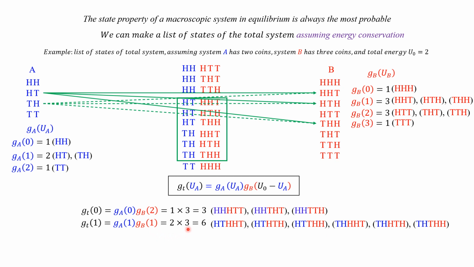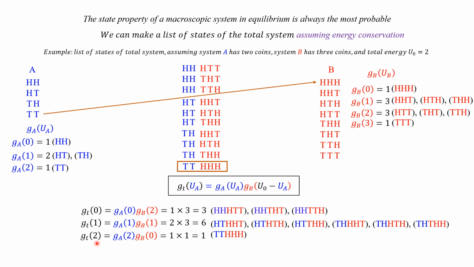And the answer now is 3. So we have 6 states of the total system where system A has 1 unit of energy. It's these 6 states here, and that's because we have 2 states of system A having 1 unit of energy, and each one of these can combine with 3 states of system B having the complementary energy.